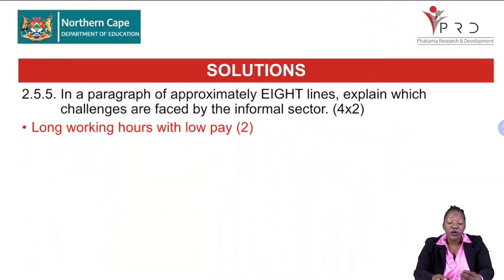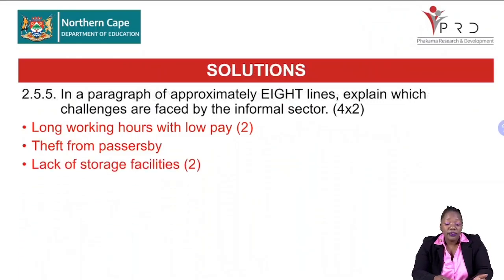So therefore, there is a low pay with the long hours. And secondly, the theft from the passersby. So they don't have insurance, and they are also vulnerable to theft because anyone can just come and steal their products. And we're looking at the lack of storage facilities.